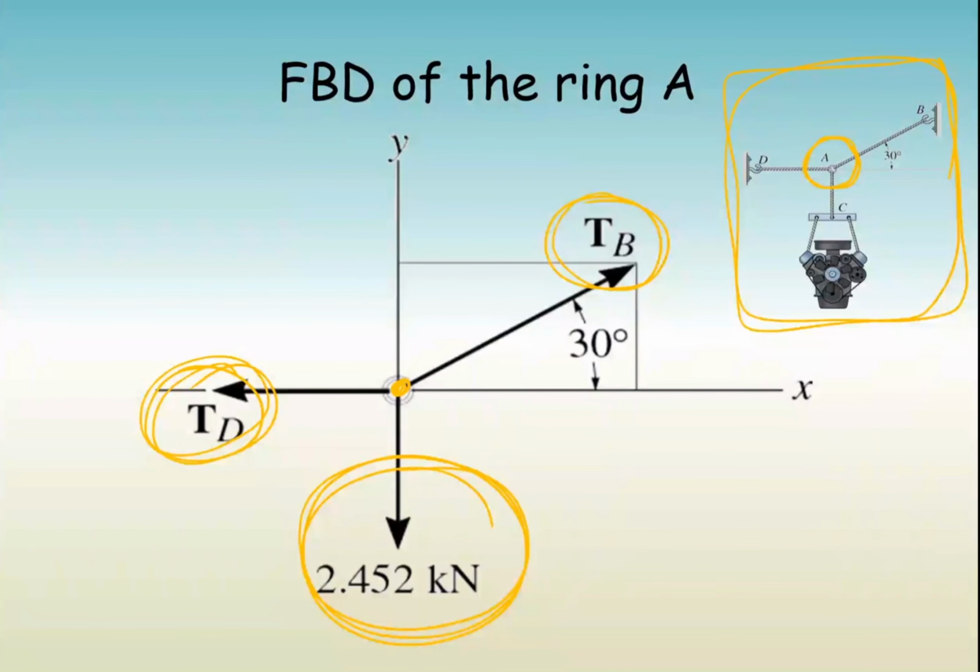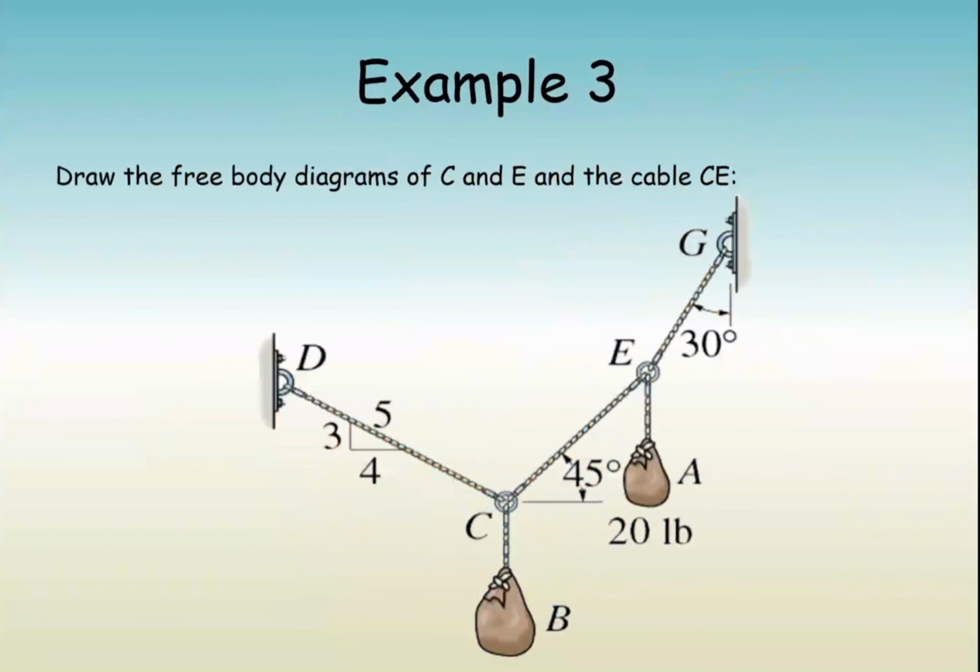Okay. So now let us look at this example. This is very interesting and will clarify everything. You will see how each particle is connected and how we can find the forces acting on it. It says draw the free-body diagram of C and E and the cable CE. So we need to draw the free-body diagram of C, E, and the cable in between the two.